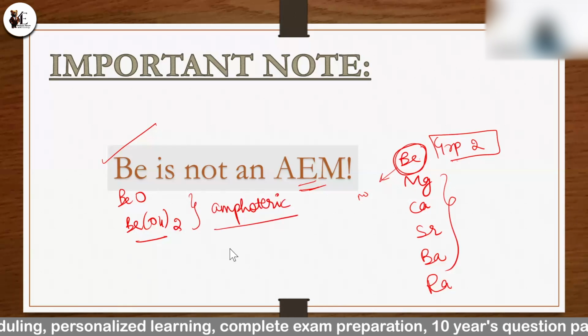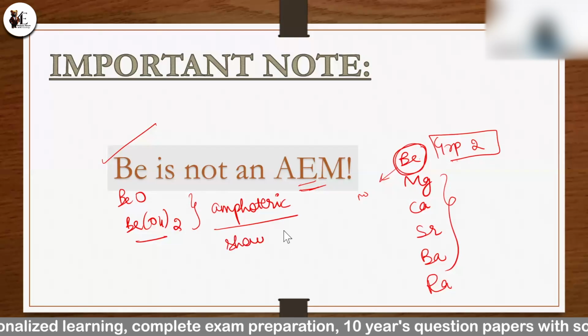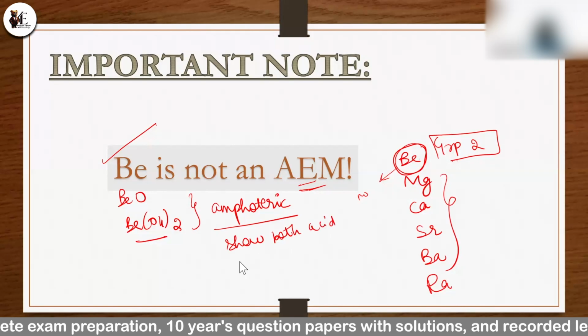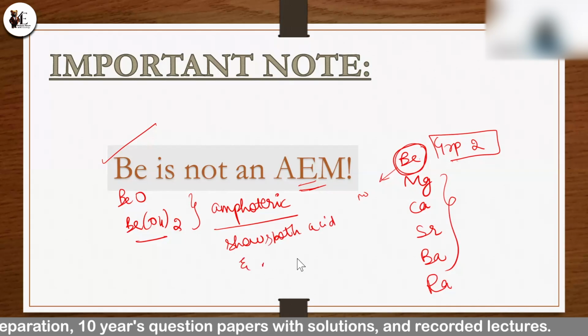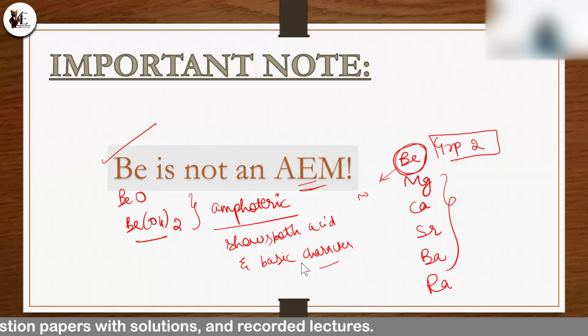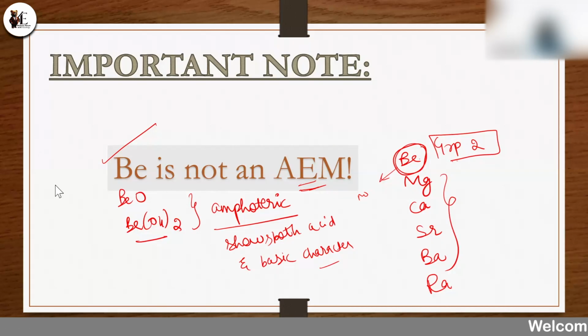Amphoteric means they show both acid and basic character. So why is beryllium not an alkaline earth metal? Because its hydroxide and oxide are not alkaline in nature. They are amphoteric in nature. So this is an exception. Write it down.